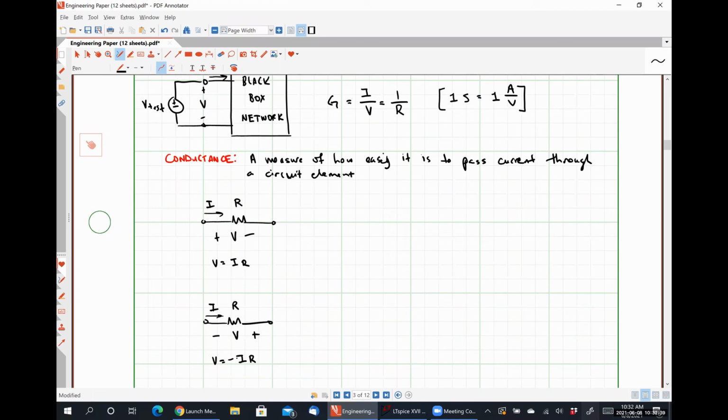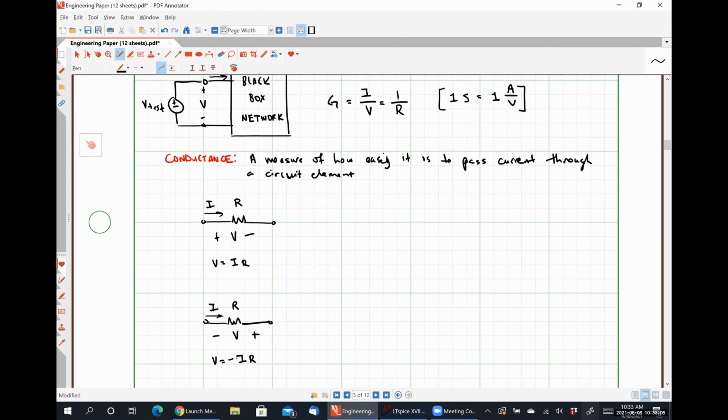So this convention forces our resistor to always be absorbing power. So if the current is flowing into the positive polarity terminal, the voltage is I times R. If the current is flowing into the negative polarity terminal, the voltage is negative I times R. This will show up on a multitude of homework problems and stuff like that. So I just wanted to point it out specifically.